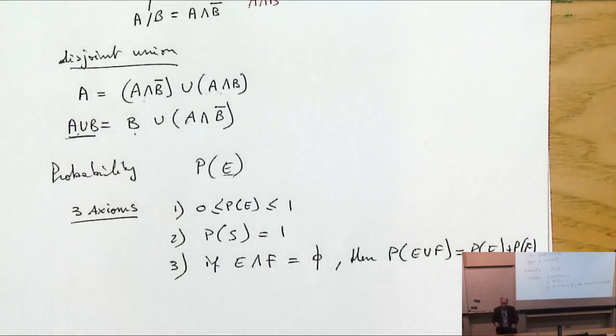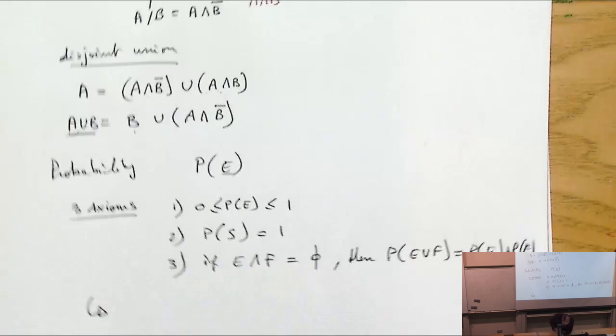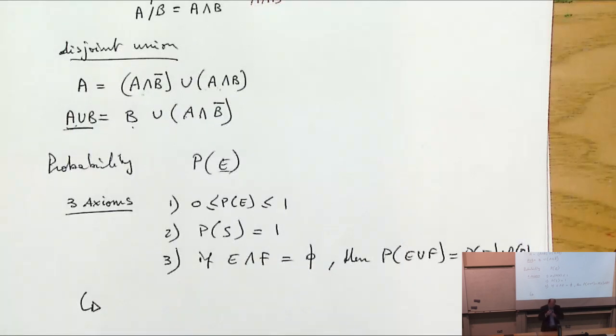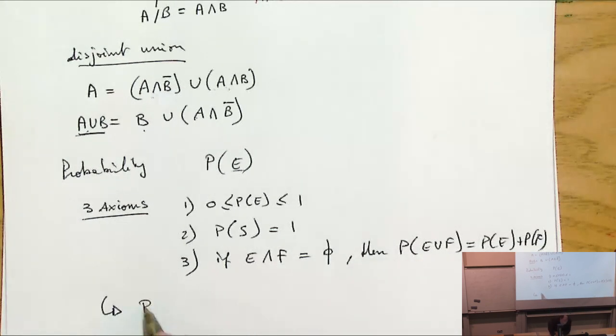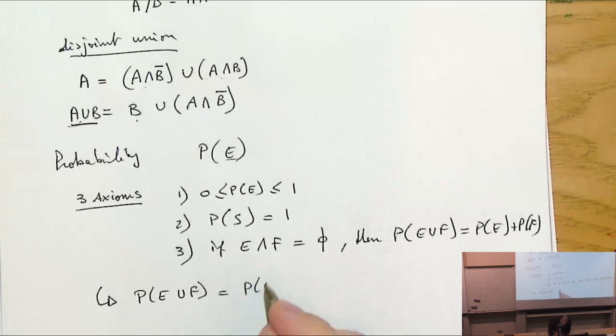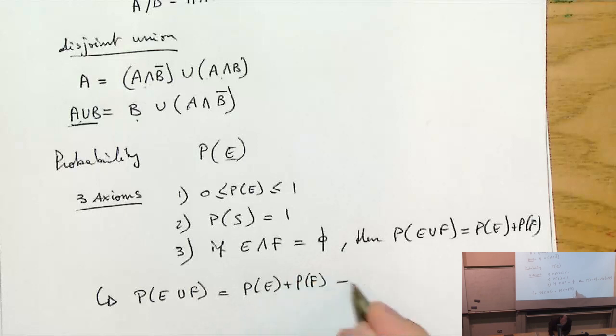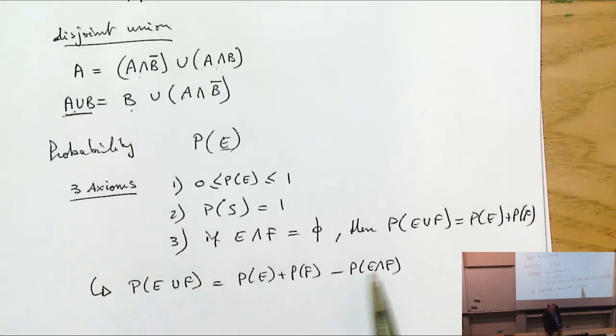And using that, along with this disjoint union, essentially what we showed is that for any sets E and F, you can always write that the probability of the union is equal to the sum of their probability minus the probability of the intersection, right? And so if indeed those 2 sets are disjoint, that the intersection is equal to the empty set, then this relationship boils down to axiom 3.